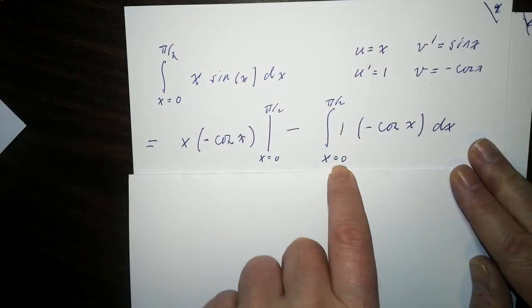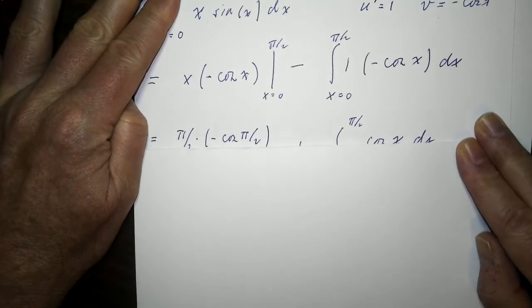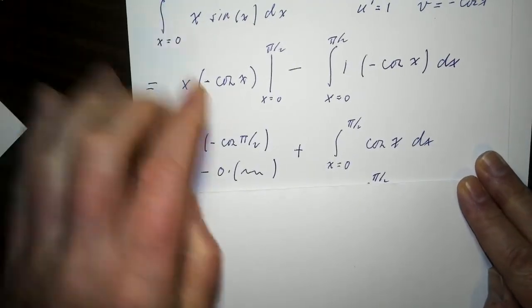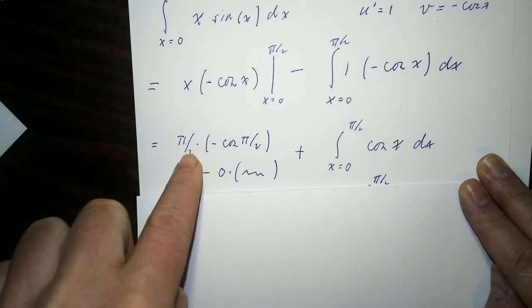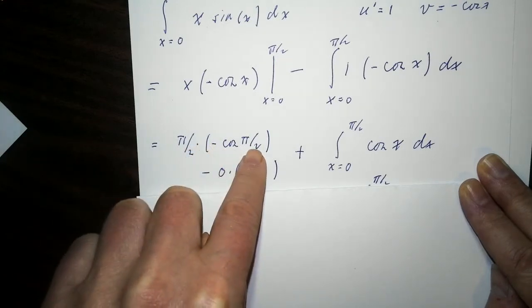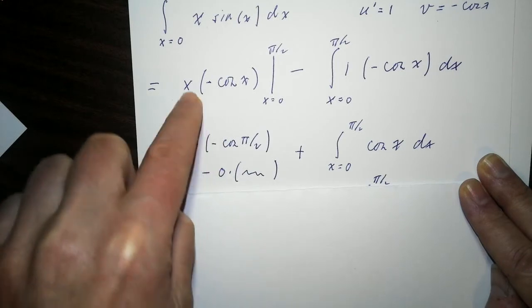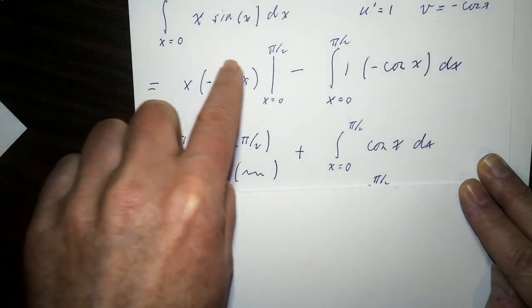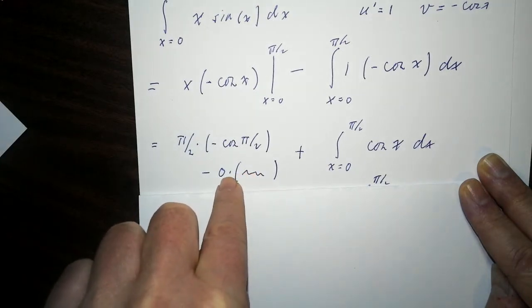And now I add back my endpoints, 0 to pi over 2. So I have to substitute my endpoints into this. I'll have pi over 2 times minus the cosine of pi over 2. And then I have to subtract 0 times minus the cosine of 0, which I won't even write down because I'm going to have a 0 here.